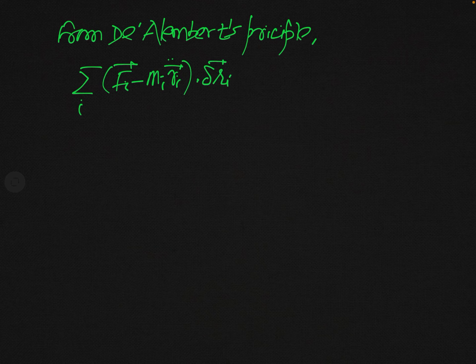You have already studied this D'Alembert's principle while we were discussing the Lagrangian formulation of classical mechanics. And this D'Alembert's principle is stated in this way: summation over i of (Fi minus mi ri double dot) delta ri is equal to 0.